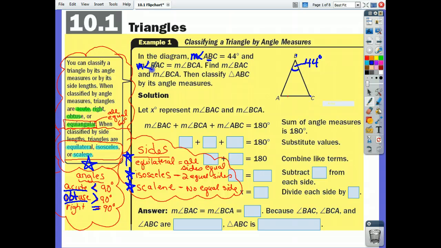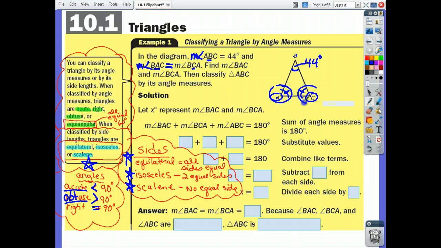The measure of angle BAC, the A is in the middle, so this one, and then BCA, this angle here, what do they tell us about those two? They are equal. So this angle and this angle, we draw a little line, we know that they're equal. They're congruent. Find the measure of BAC and BCA.